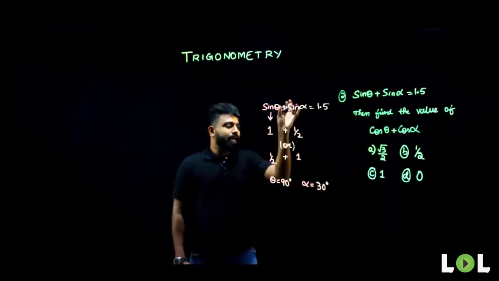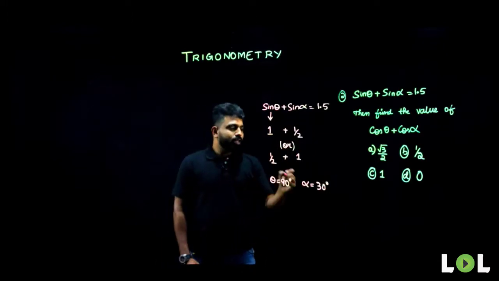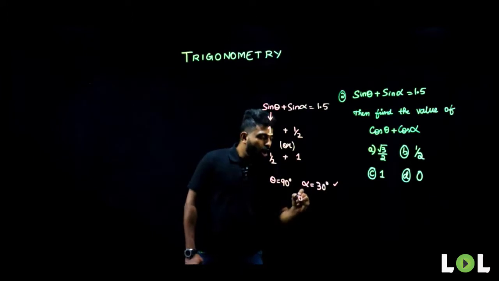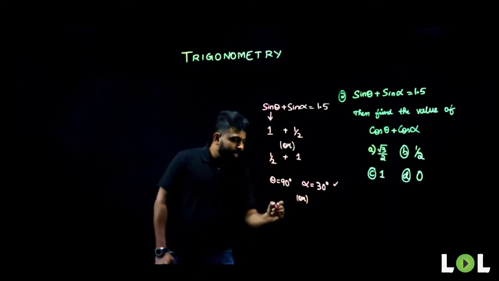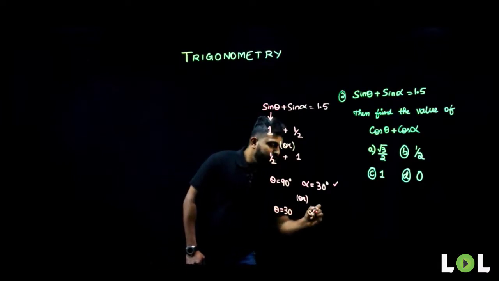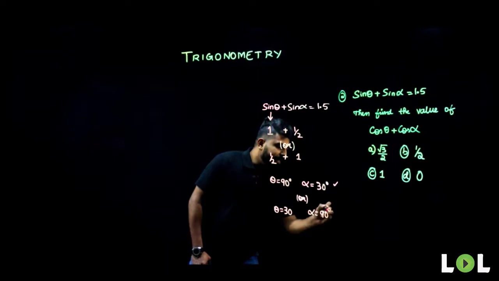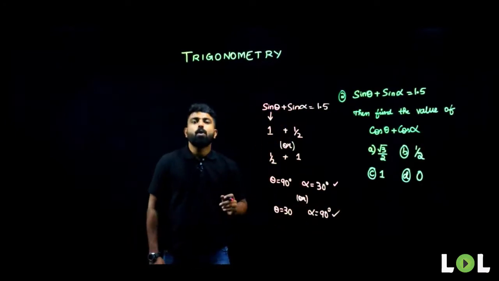Look at this, sin of 30 degrees is equal to 1 by 2. So this should be the condition. Or sin theta must be 1 by 2, meaning theta should be equal to 30 degrees and alpha should be equal to 90 degrees. In both of these conditions, sin theta plus sin alpha will be 1.5.